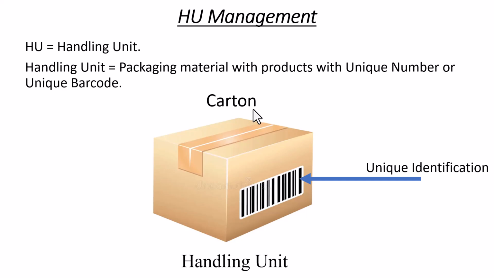With the help of that barcode, we can easily identify where exactly the product is located in the warehouse. That is the importance. It is very useful for tracking the products and the handling unit.